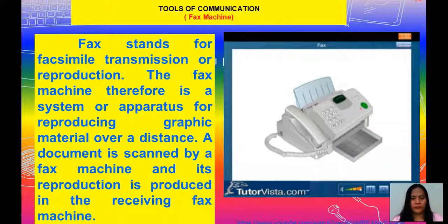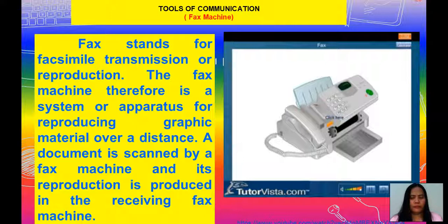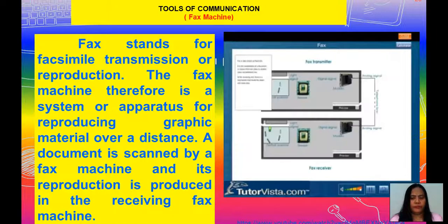Let's understand the functions of various parts of a fax machine with the help of a block diagram. The optical scanner scans the document to be faxed.